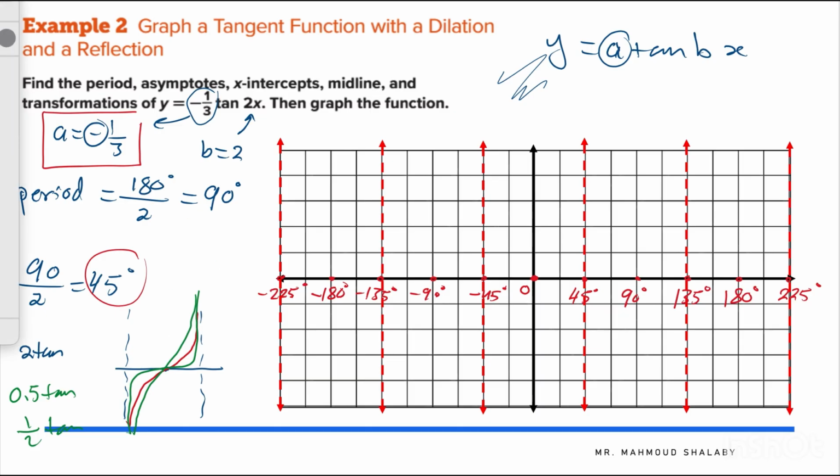Alright, let's go back here now, and if I want to graph it, just keep this in mind. First of all, this is a negative, so I will start from the top left, and this number is compressing the graph, which means I will start rotating at a late point here.